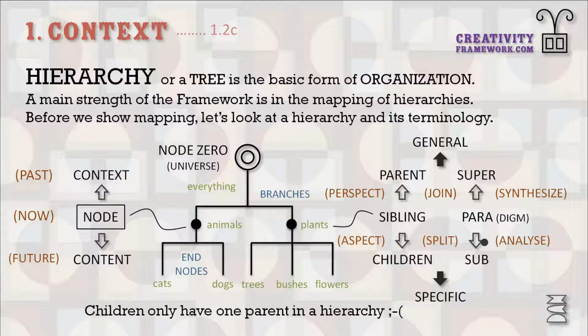And as we split things apart, we're analyzing, or we're getting aspects of something. As we go up and join together, that's synthesis. That's like a synthesizer joins musical patterns, or what are they called? Like waves together. And then as we go up, we gain a perspective.